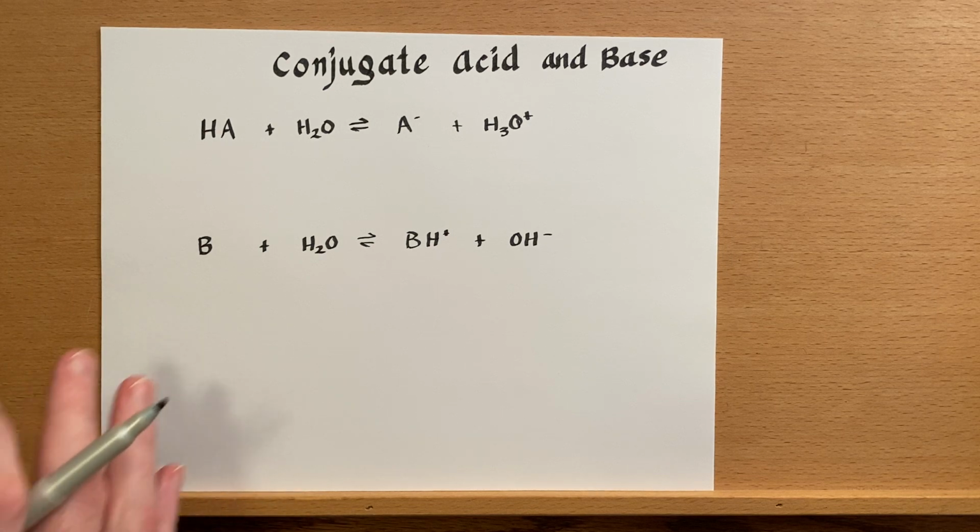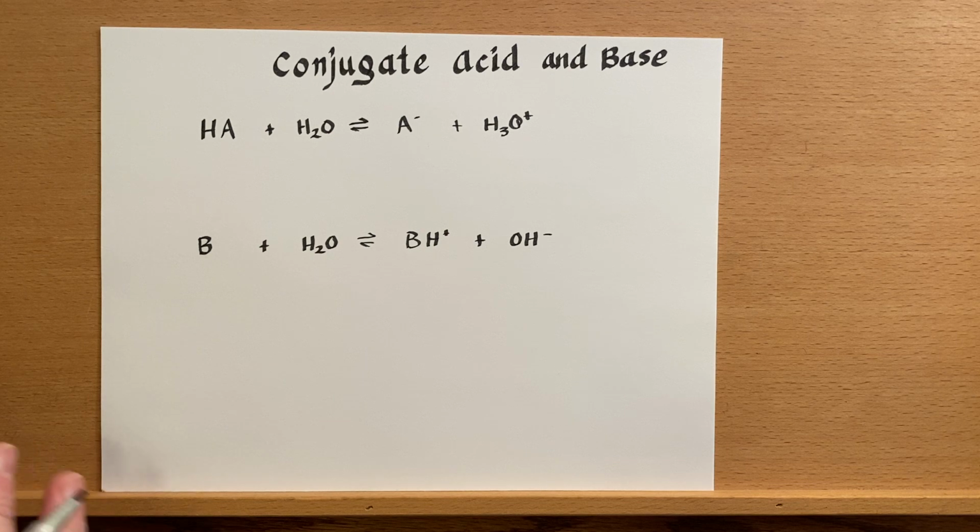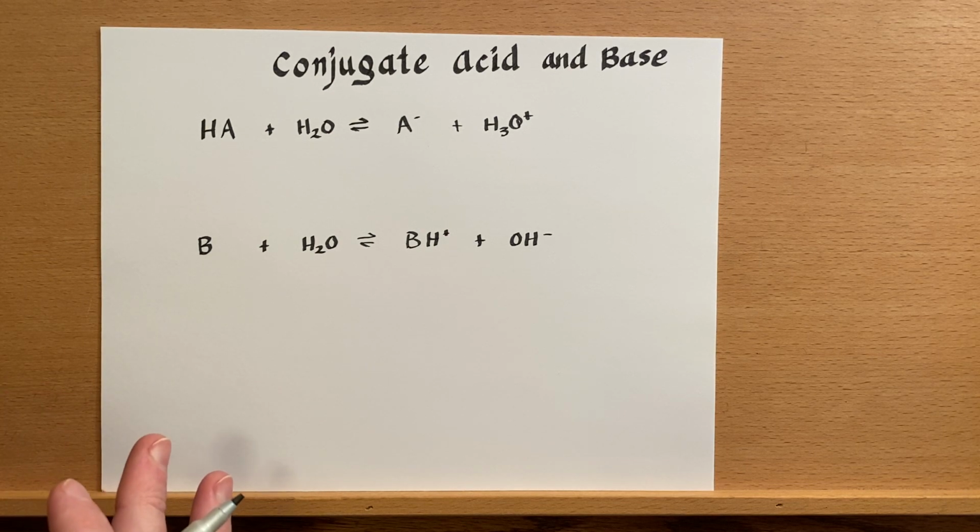That is, if we have an acid, it has a counterpart or a conjugate base that goes along with it. And if we start with a base, we'll have a conjugate acid that is related to it.